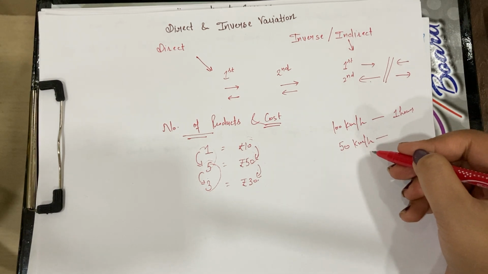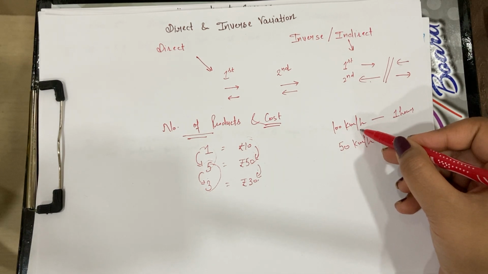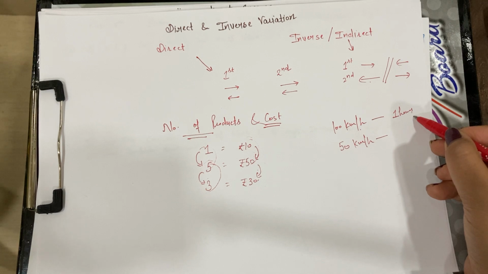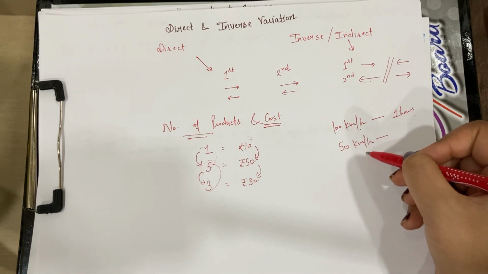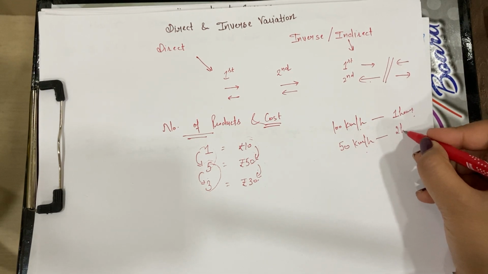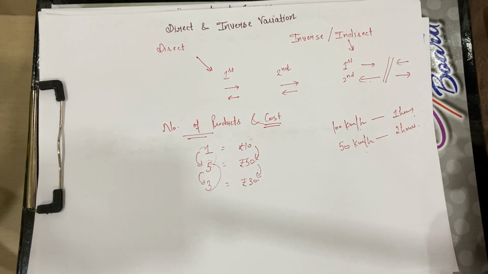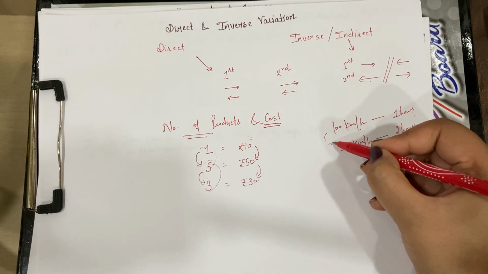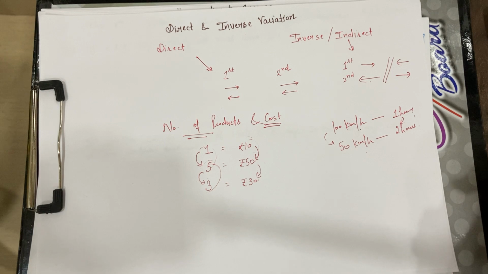You decrease your speed, obviously now it will take more time to go. Here one variable is decreasing but the other one is increasing. It is showing opposite behavior. So such kind of variations are known as inverse variation or indirect variations.